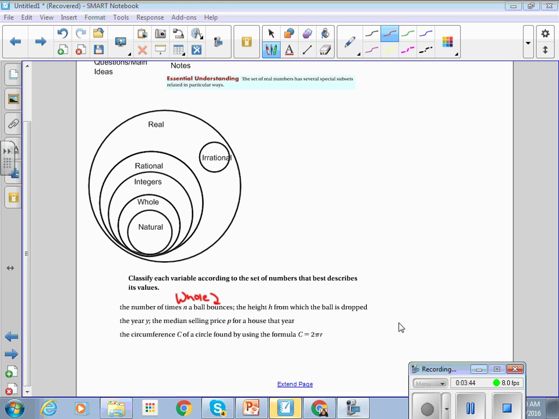The height from which the ball is dropped. Can the ball be 1 foot from the ground? Can the ball be 2 feet off the ground? Can the ball be 3 feet? Yeah, so all the natural numbers apply to our ball height. What about whole numbers?